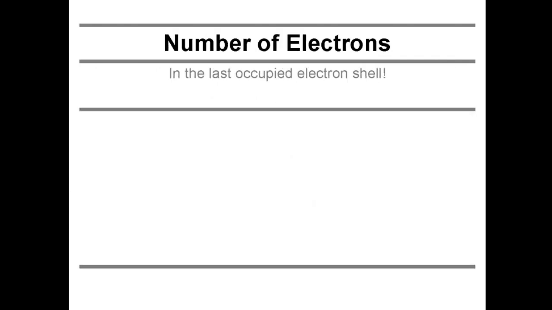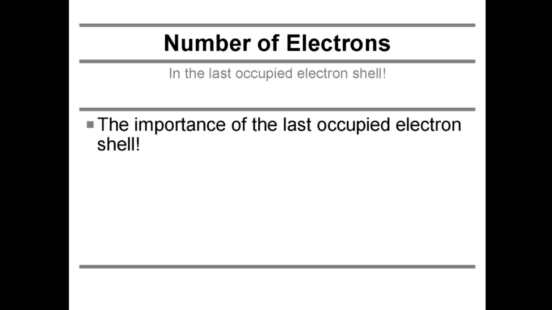Now, the number of electrons and the importance of how many of them are in the last occupied electron shell. Now we're going to get into a little bit of practical stuff, things we can use in this class a little later on.